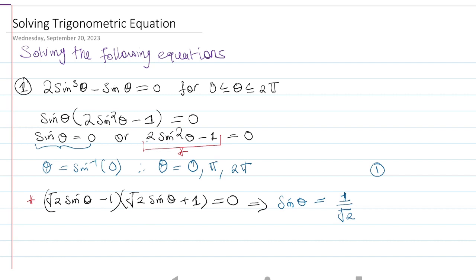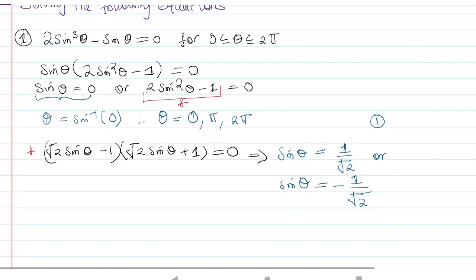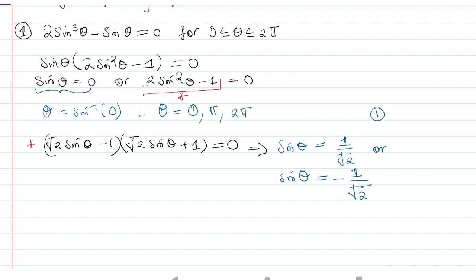Okay, or from the second one, we have sine theta is equal to negative 1 divided by the square root of 2.